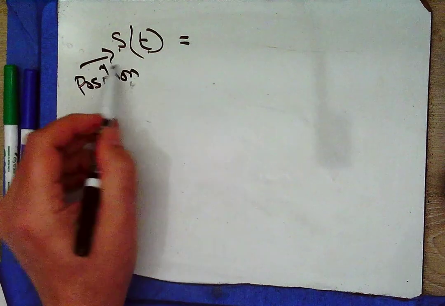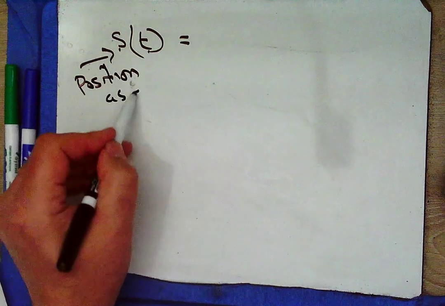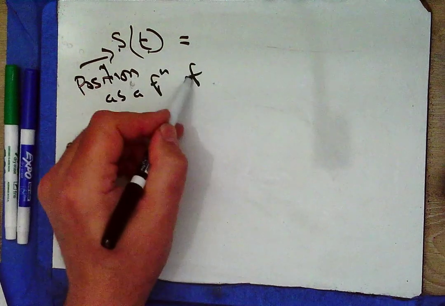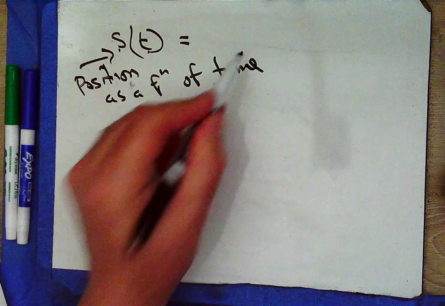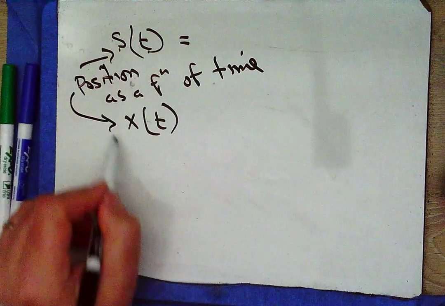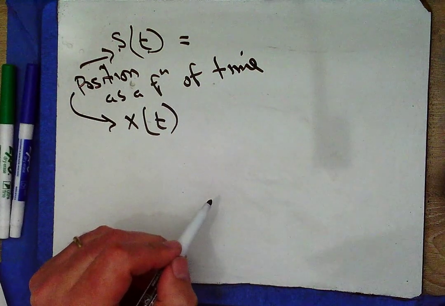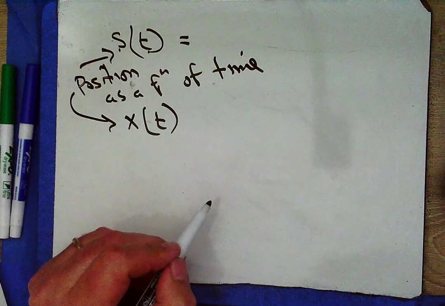By the way, sometimes position is written as s of t, position as a function of time. But this is also a way to describe position as a function of time, x of t. So you need to be comfortable with both of those being position.